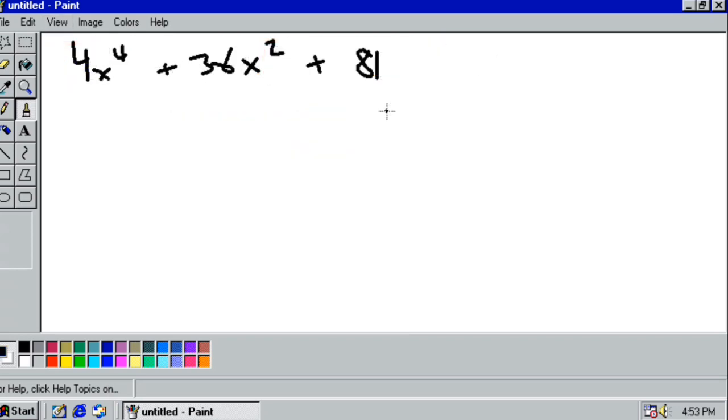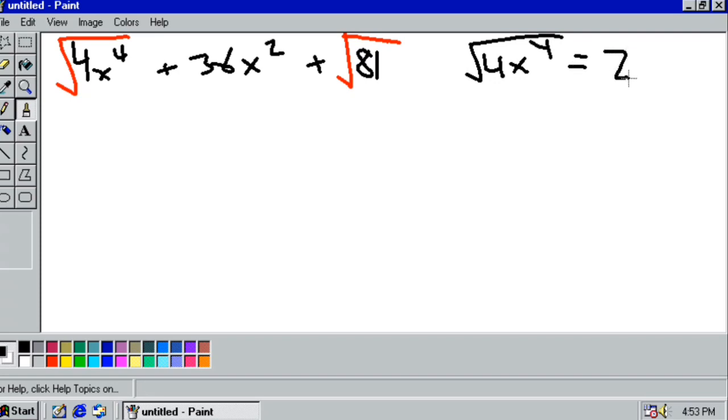So you can pause the video if you want to try. So you're gonna find the root of the first and last terms. So it is a perfect square trinomial because the first and the last terms are perfect squares. So the square root of 4x to the fourth is, square root of 4 is 2.